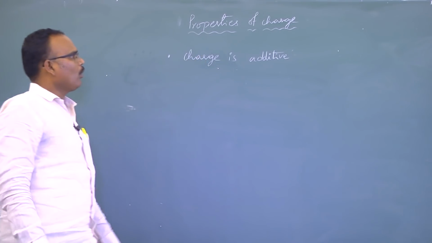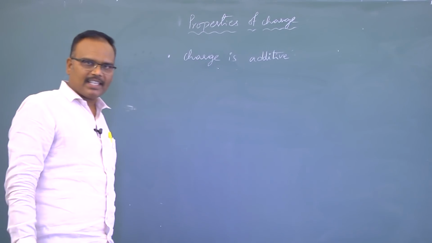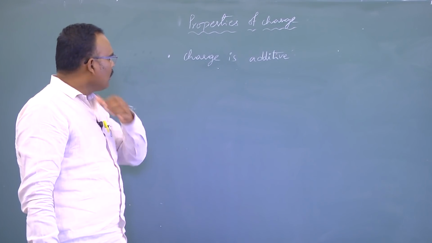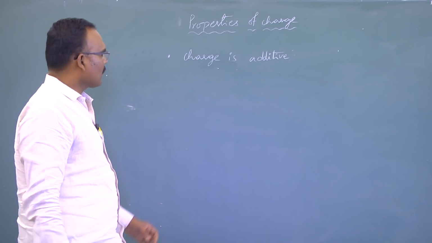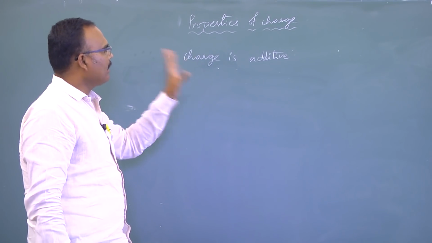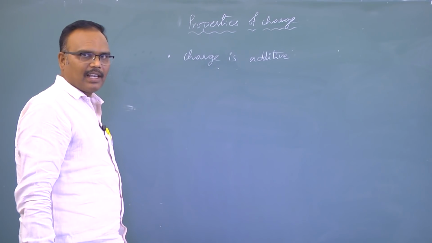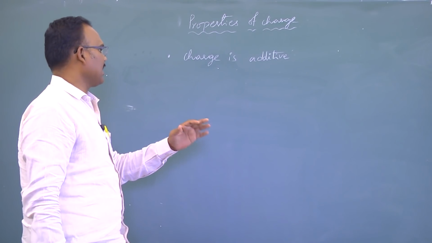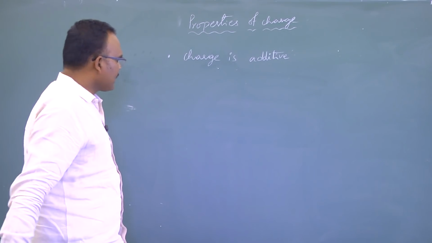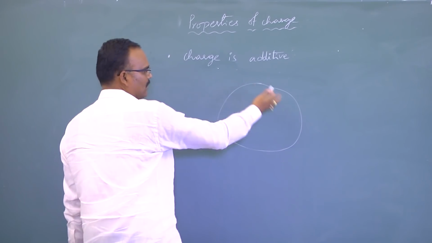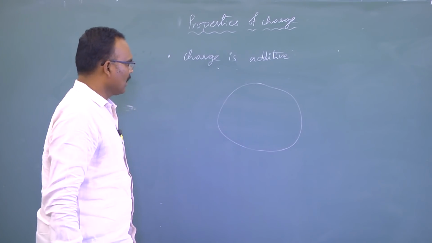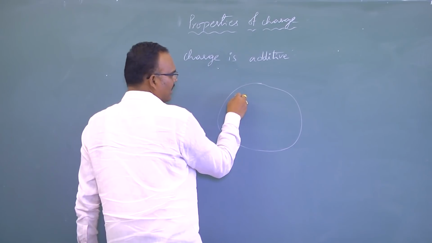We already know charge is a scalar quantity. So, to get the total charge of a system, if you add algebraically, you will get the net charge. For example, if I take a system, this boundary is a system. This system contains 3 charges.